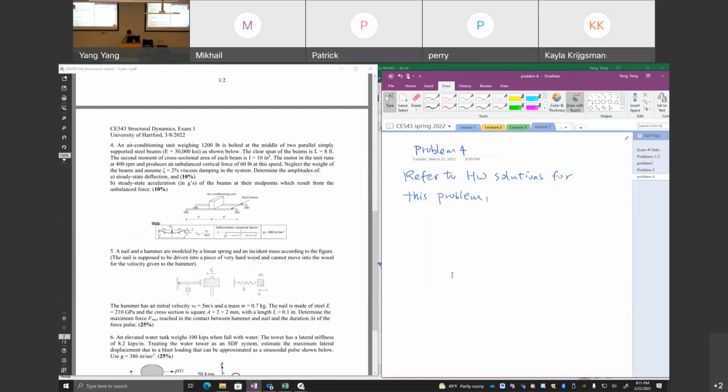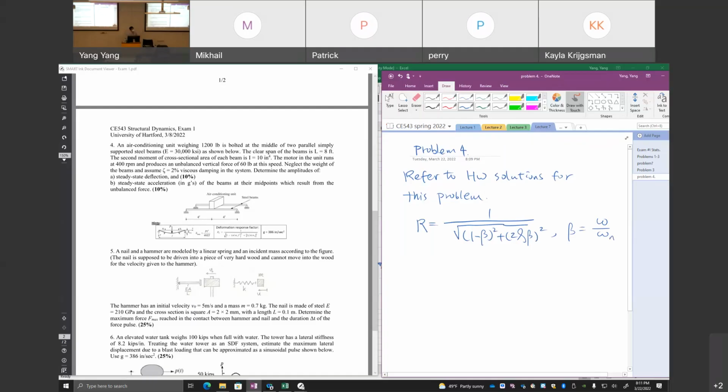Firstly, you need to calculate the natural frequency of the beam, and then you calculate the frequency of the force. Based on that, you should be able to use the response factor that we used in problem 3. So R is equal to 1 over square root of 1 minus beta squared, where beta is equal to omega over omega n.